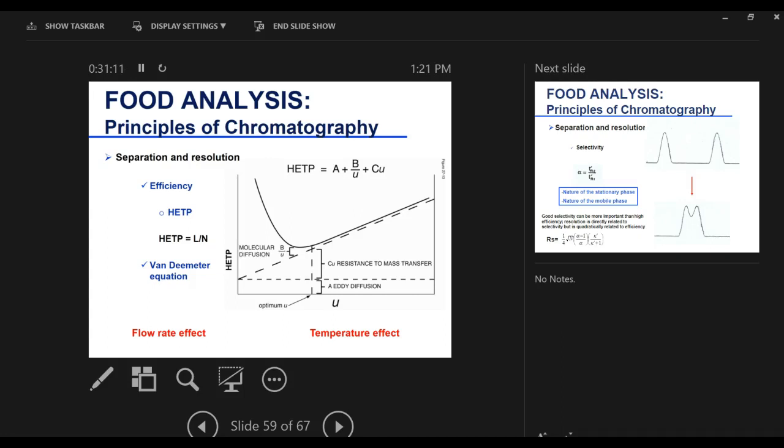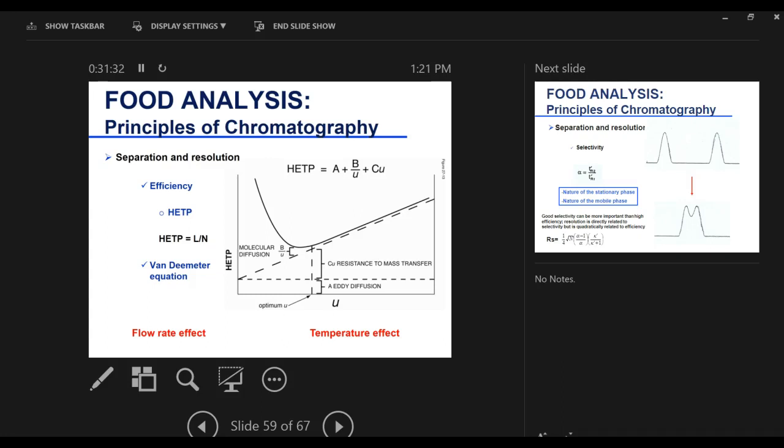Above that, it will be too fast, and you increase the C factor here. In both cases, this will lead to a longer height equivalent of a theoretical plate. So this is the impact of flow rate.